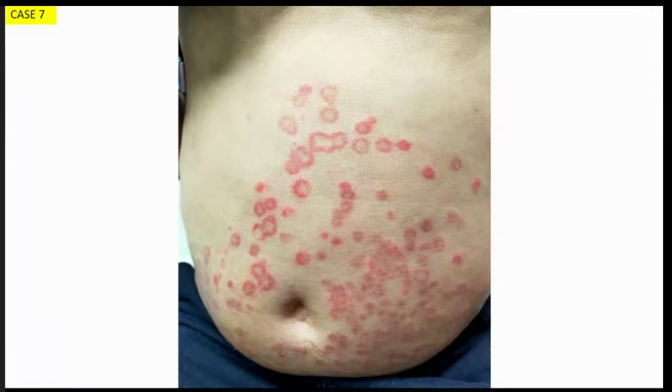If I may start, this is an image of the anterior abdomen of this individual. I can see multiple annular to polycyclic erythematous thin plaques with central clearing, grouped predominantly over the lower abdomen and ascending circumferentially up to the mid abdomen, with sparing of the umbilical region.